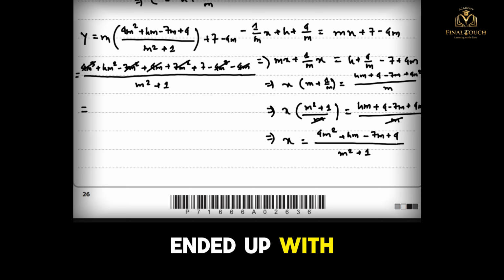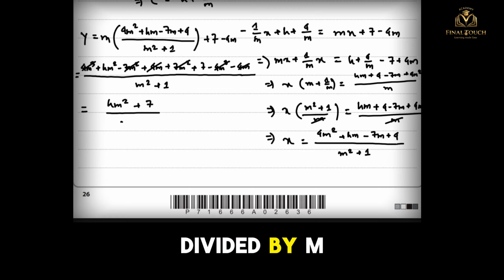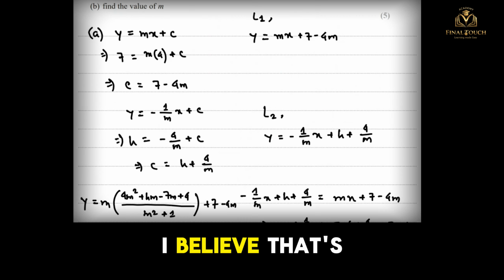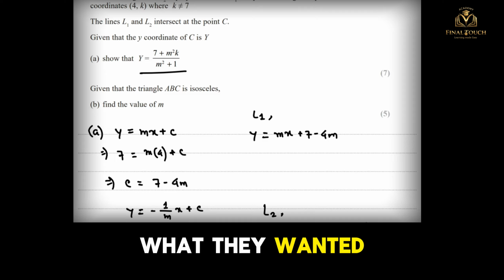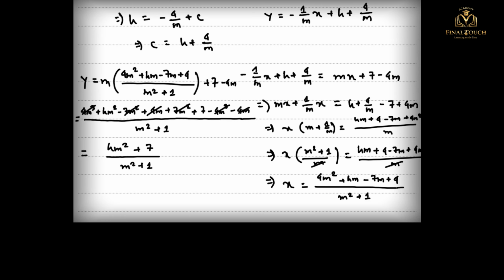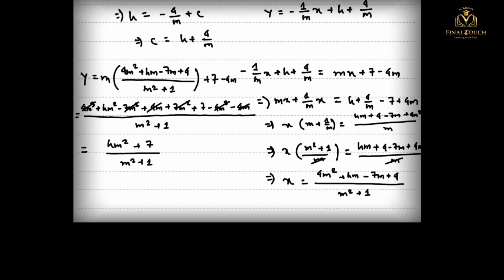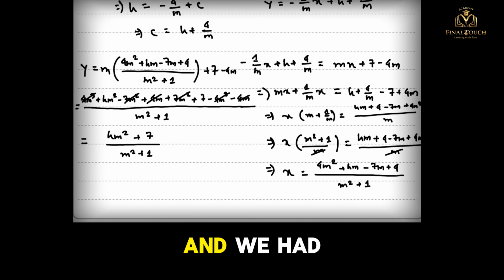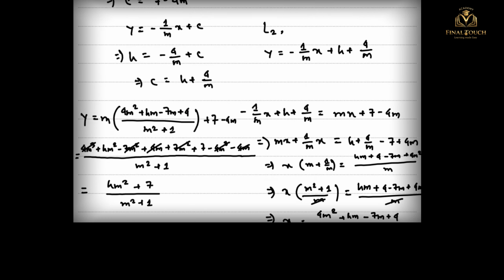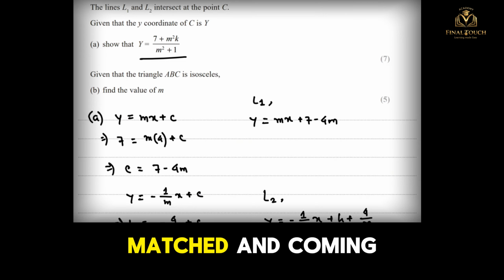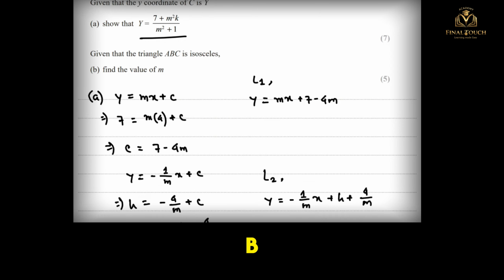We ended up with km squared plus 7 divided by m squared plus 1. I believe that's what they wanted. And yep, our answer matched.